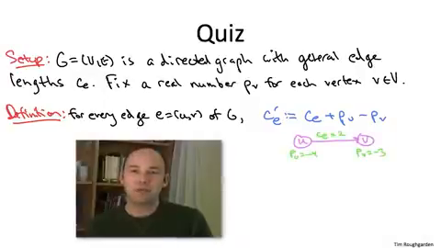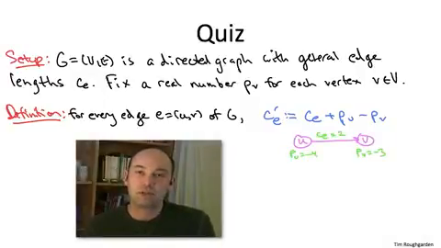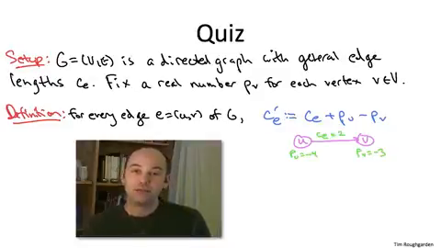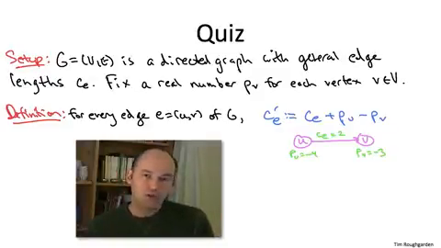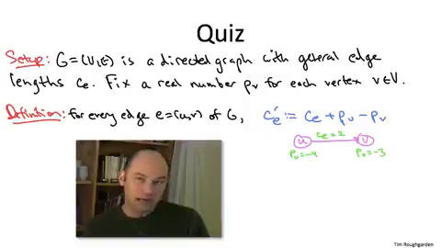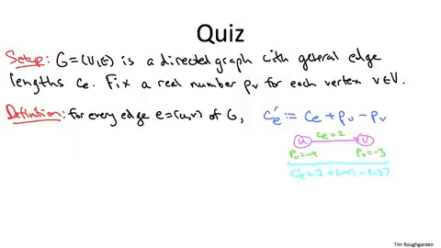So for example, consider an edge from u to v whose original length is 2, and let's say the weights associated with its tail and head are -4 and -3. Remember, these vertex weights can be arbitrary numbers, positive or negative. Well then, the shifted weight c prime is going to be, by definition, 2 plus -4 minus -3. This, of course, is just equal to 1.